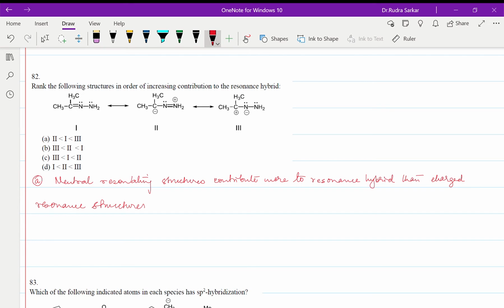So obviously we will say that 1 will be more contributing among 2 and 3. So from that only we can say that B should be our correct option over here.